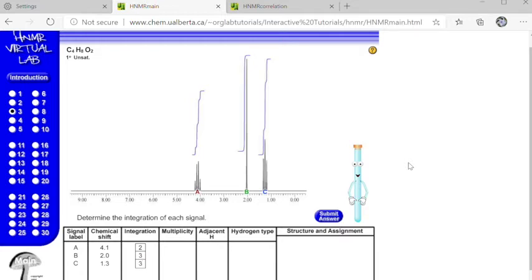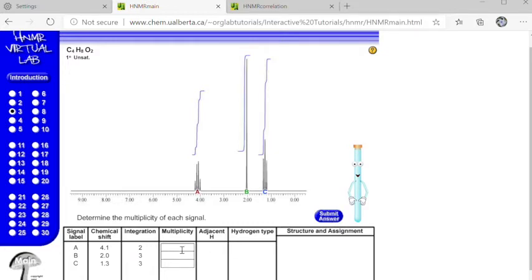So remember, integration means the number of hydrogens that are being represented by that cluster of peaks. So that means that first peak at 4.1 is going to represent a structure that is 2 hydrogens.